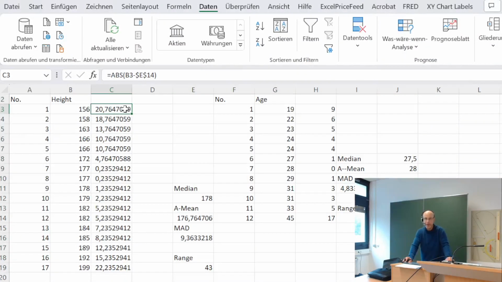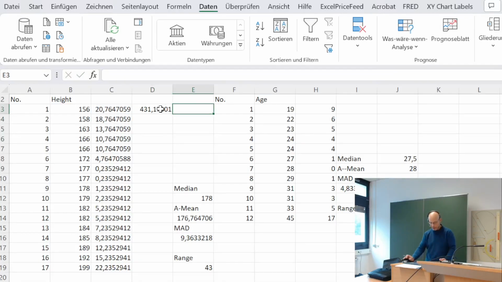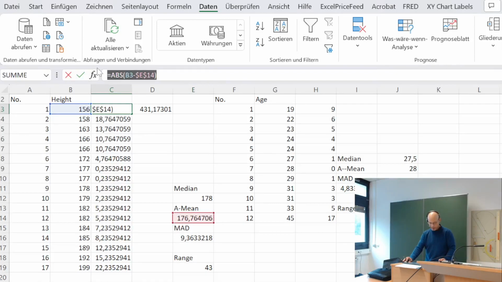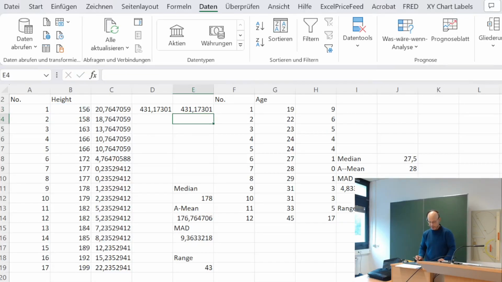So if we have already calculated the mean average distance, we could just square this one. This would be all right. Or you take this formula, copy it here, and then we do not take the absolute value, but the squared number. And fortunately, this is the same number.